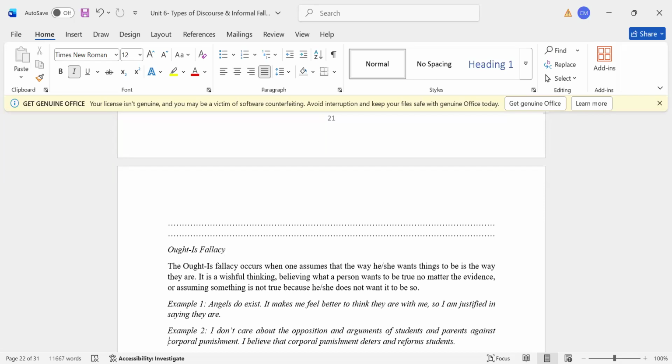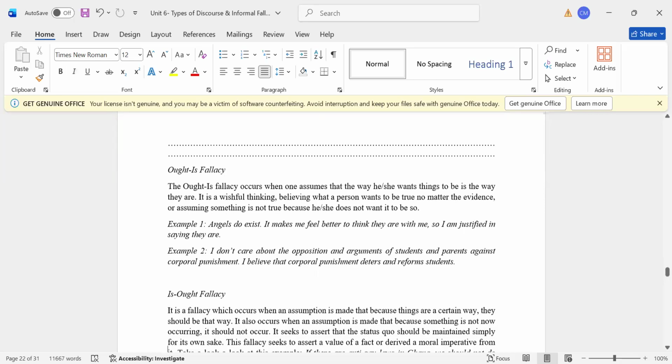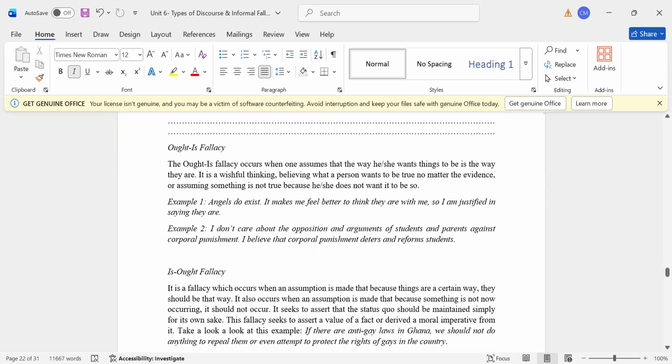Your conclusion is a reality. Your facts are assumptions. And then when you turn it around, you have the is-ought fallacy. Your facts are reality. Then you assume that this should be the case as your conclusion.